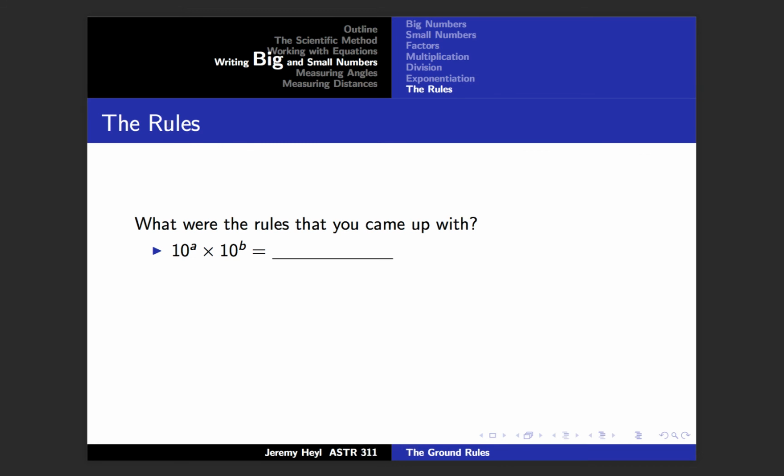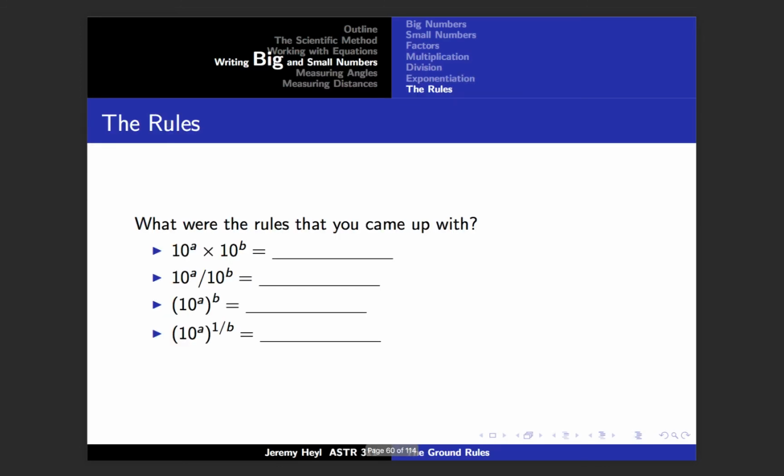So here are the basic rules, right? We have 10 to the A times 10 to the B is 10 to the A plus B, not AB, but A plus B. 10 to the A divided by 10 to the B is 10 to the A minus B. And 10 to the A, and then raised to the B, is 10 to the AB.